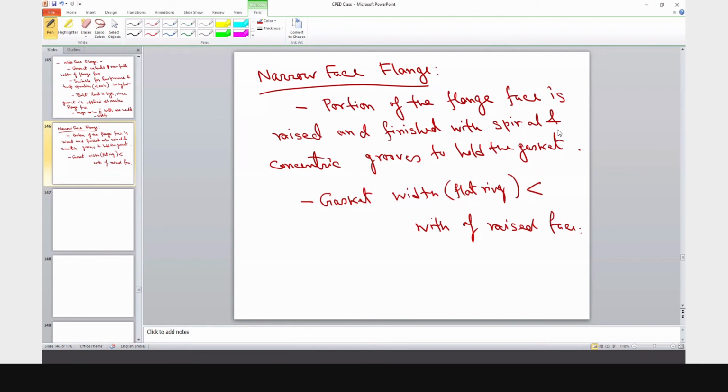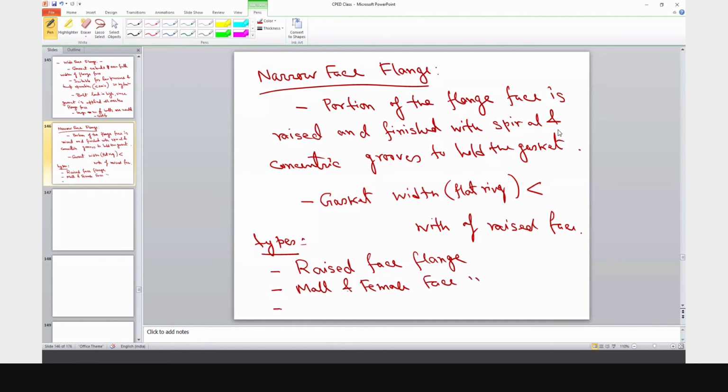Okay, it has different types, as for example, raised face flange, male and female face flange, tongue and groove face flange, and another is the ring face flange.